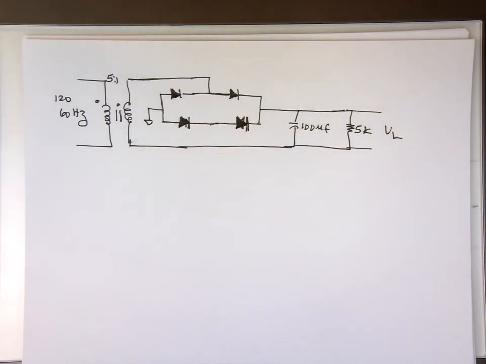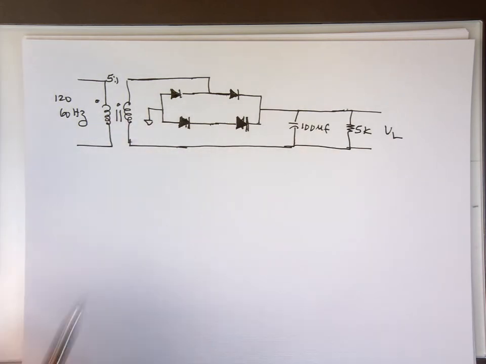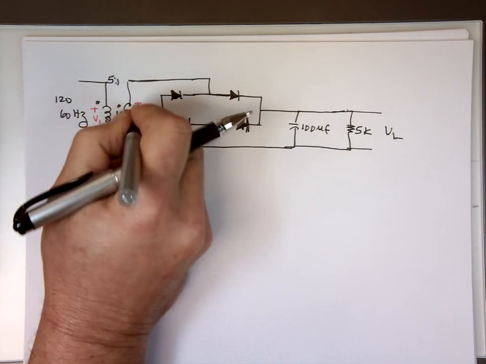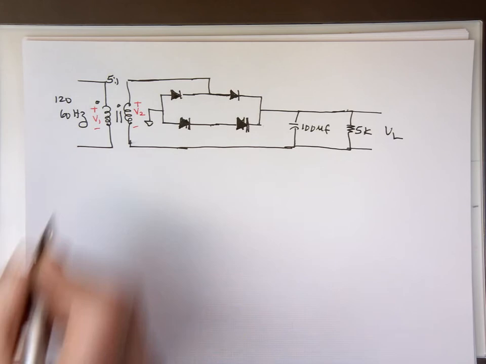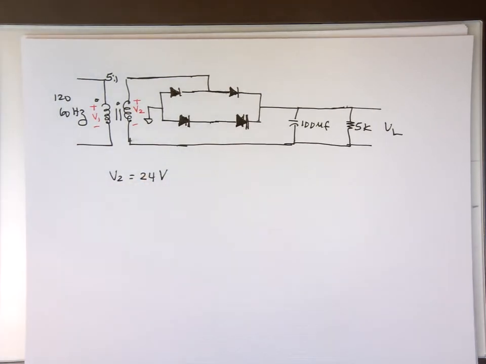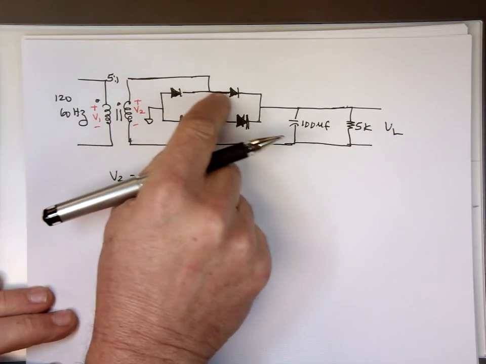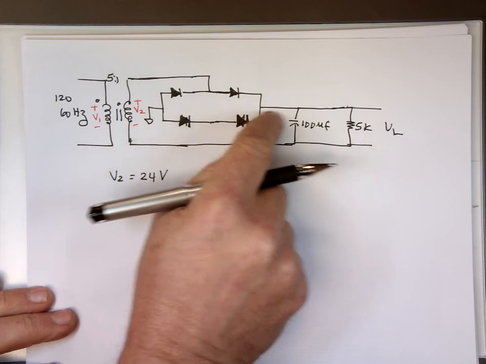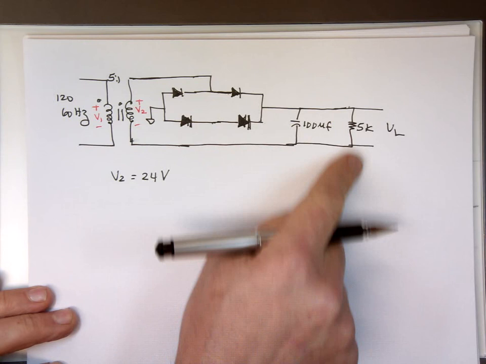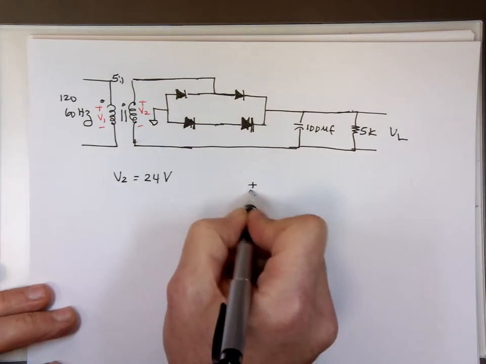Now, again, if this is V1, V2, I'll jump through it quickly. We did the calculation. V2 is going to be 24 volts. And again, when this is positive, current is going to come down this way, there's going to be a forward bias, goes down, and there's my filter right there. So your circuit will have really here on this end 24 volts.